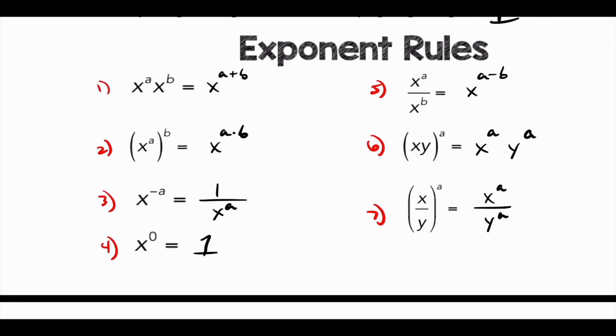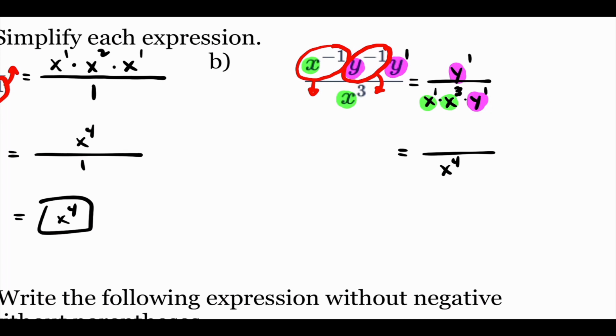You're going to, right here, number 5, subtract them. Subtract the powers, right? So when I subtract the powers, what do I get? 0. Y to the 0. Anything to the 0 power is equal to 1. So that's what's left on top, 1. You are done.